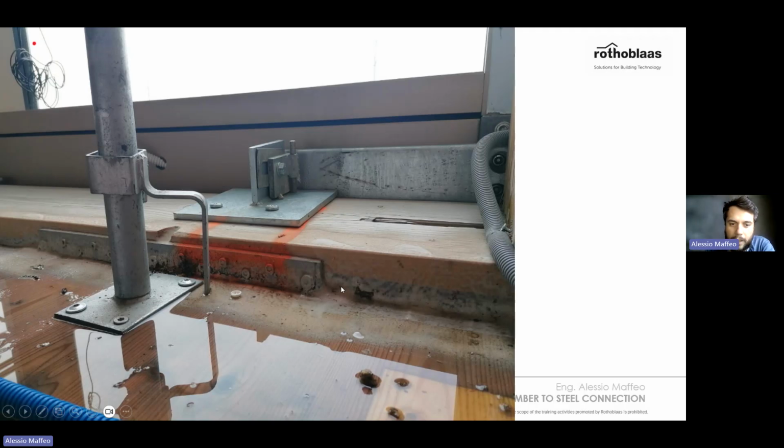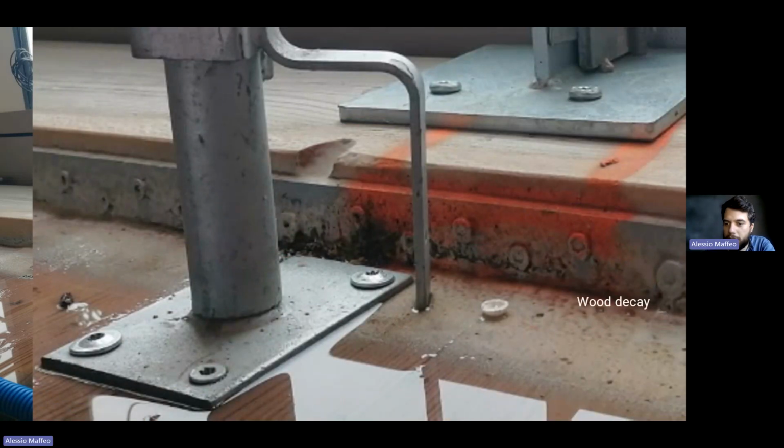And now we have to start to understand it and to analyze it and to see what is the meaning of this. Like we just said, we could have wood decay. We could have also corrosion on the steel elements, and also finally it could lead to the failure of the fasteners.